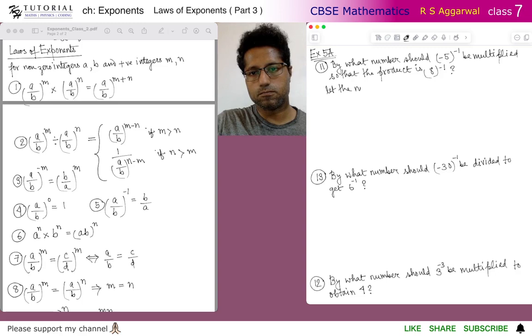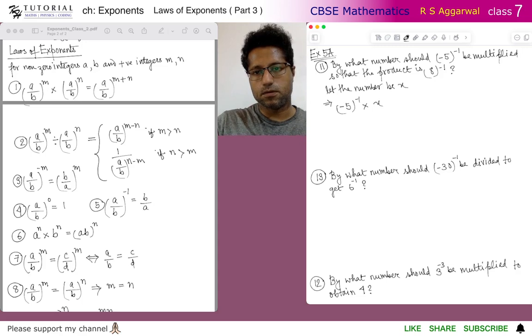the number be x. So from the given problem, it is asking that if you multiply minus 1 whole to the power minus 1 by x, it should give 8 whole to the power minus 1.